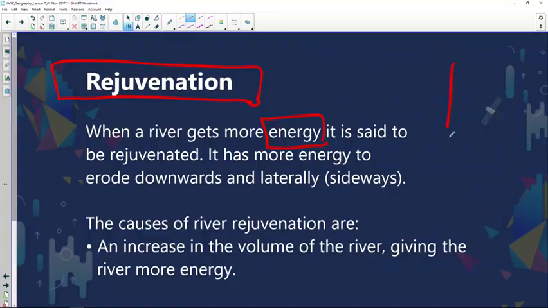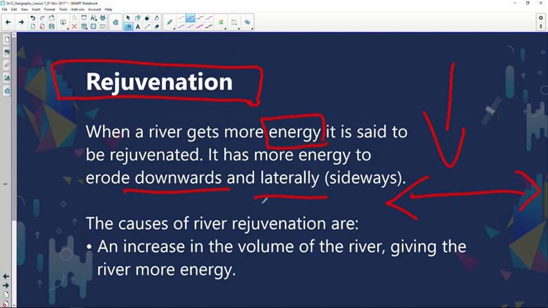We're going to experience more downward erosion and more lateral erosion. Okay. Now, just look at the definition of rejuvenation. It's when a river gets more energy, it's said to be rejuvenated. It has more energy to erode, like I've mentioned, downwards and laterally, sideways.